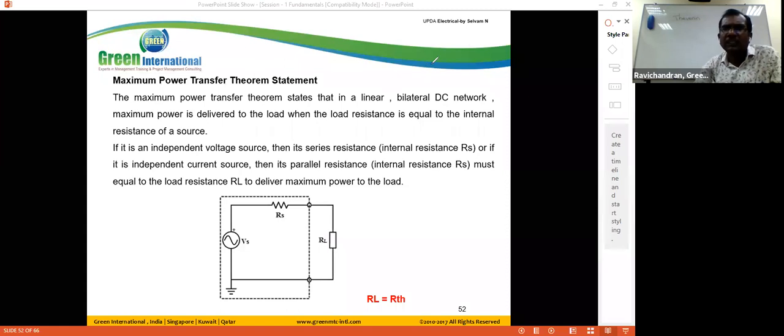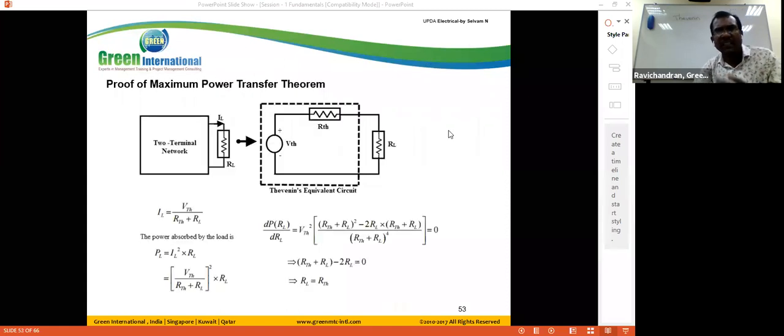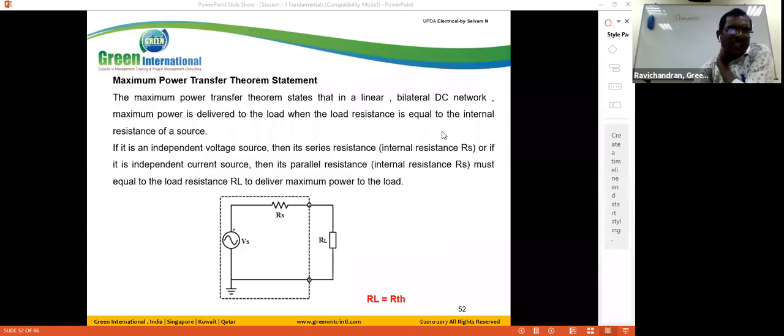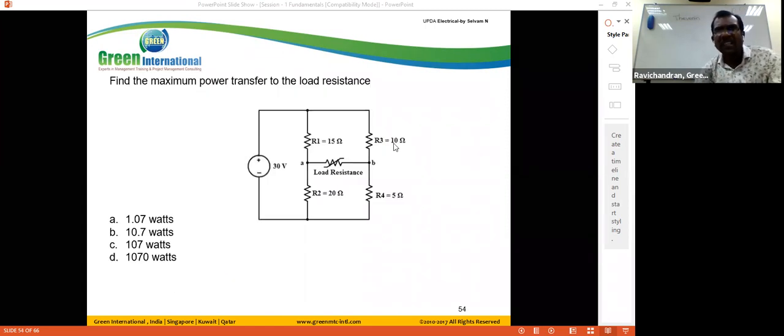The procedure has not been discussed in Thevenin's theorem. With the same procedure, we have a problem, so we will be able to understand that. Okay, just let me go to the problem. Find the maximum power transfer to the load resistance.